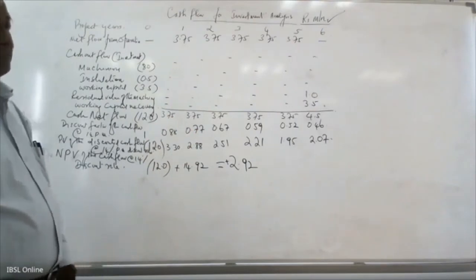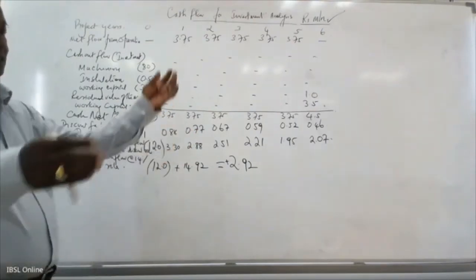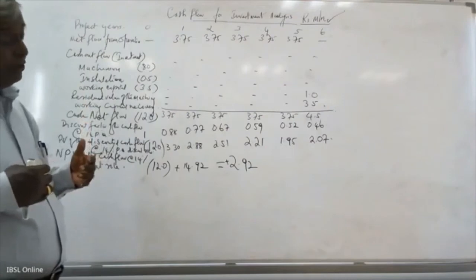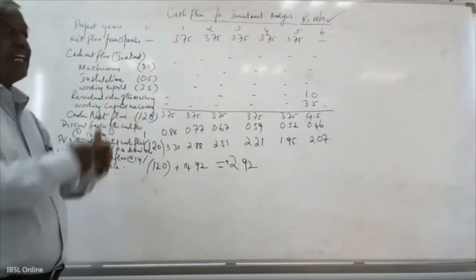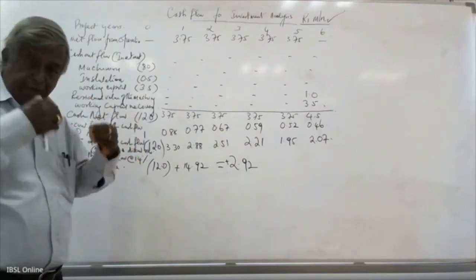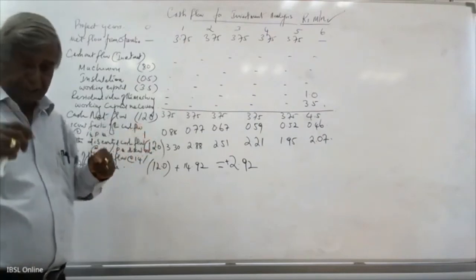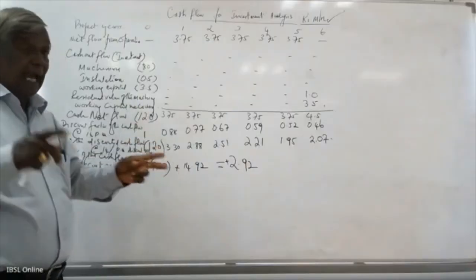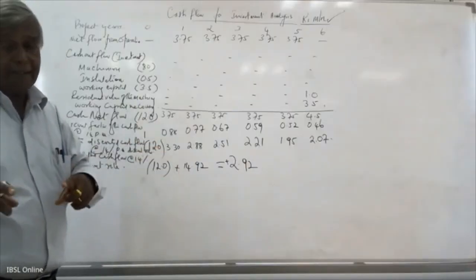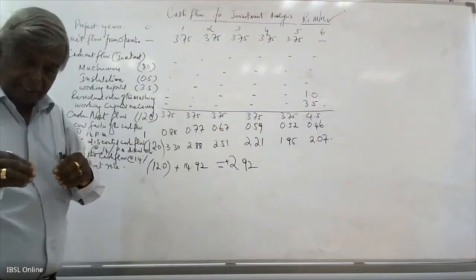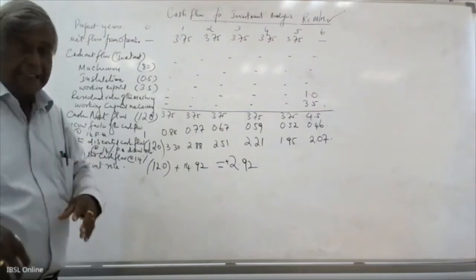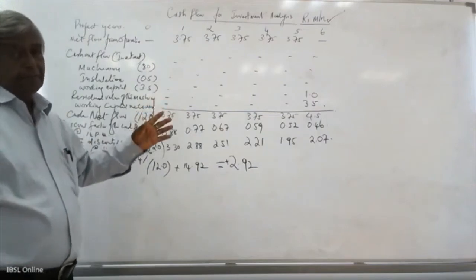So in this example, the income at the present value level covers the expenditure, the investment. So the NPV is positive. So this project at this borrowing interest rate is feasible, attractive, can be done.